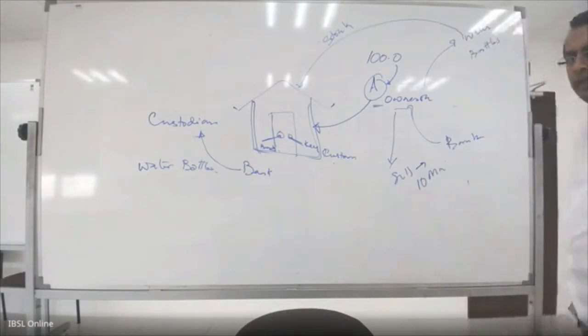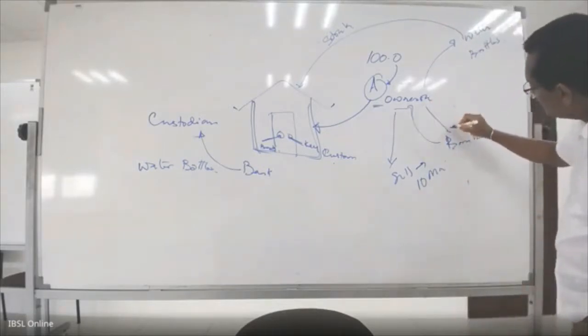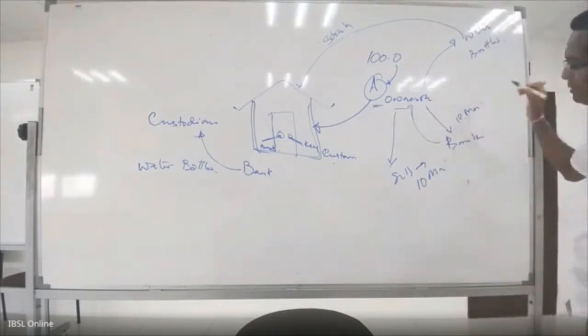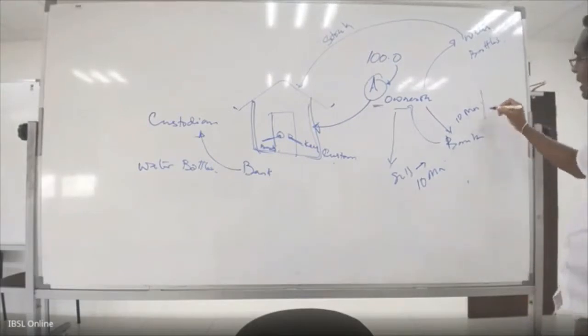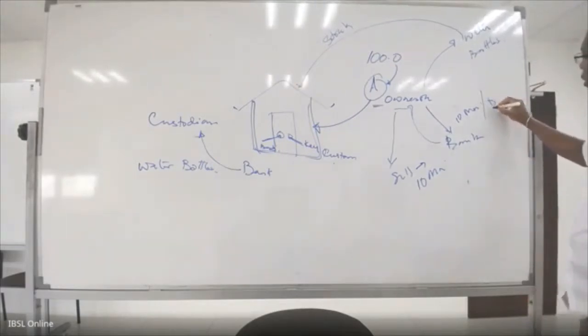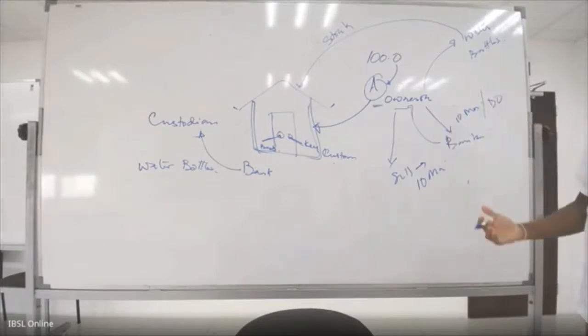He has to pay the bank 10 million first, or give a delivery order from a reputed bank.